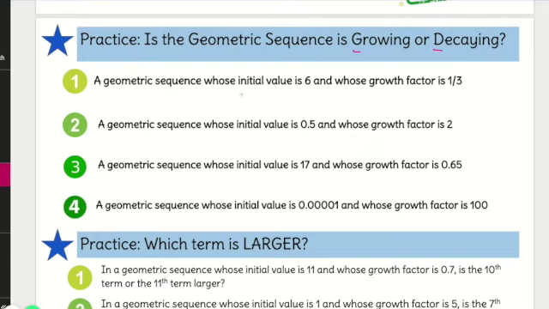The geometric sequence with an initial value of 6 and a growth factor of 1/3, is that growing or decaying? Initial value of 0.5 with a growth factor of 2. Remember, to figure out if these are growing or decaying, we are looking at the growth factor for each one. That will let us know if it's growing or decaying.